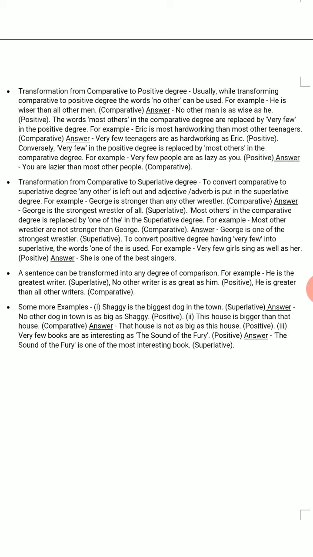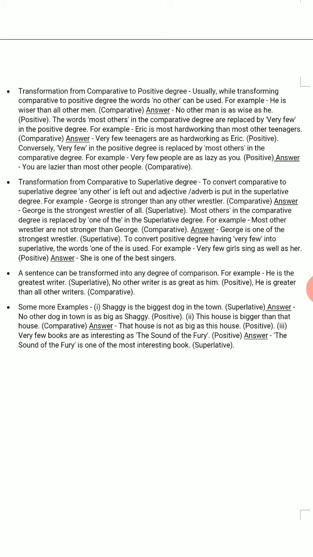That is a positive sentence. The words "most other" in the comparative degree are replaced by "very few" in the positive degree. If the words "most other" are given in the comparative degree, then in the answer, the positive degree, you will be writing "very few." Let's see one example.